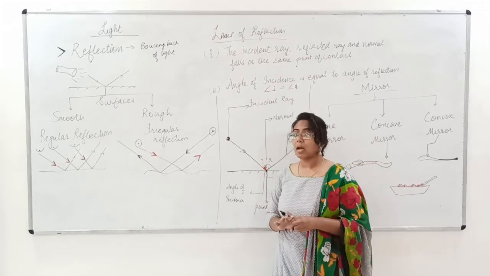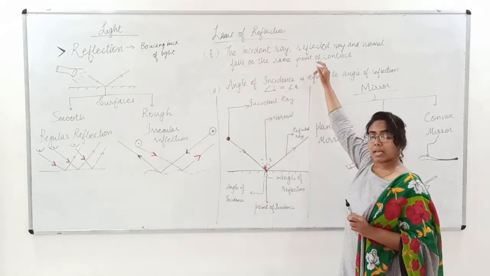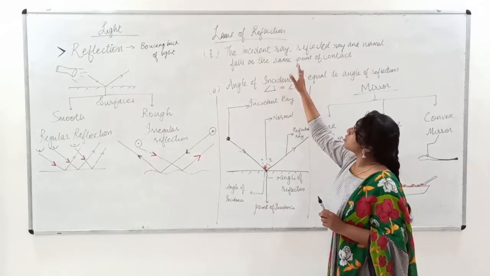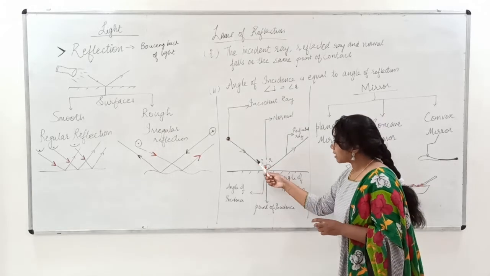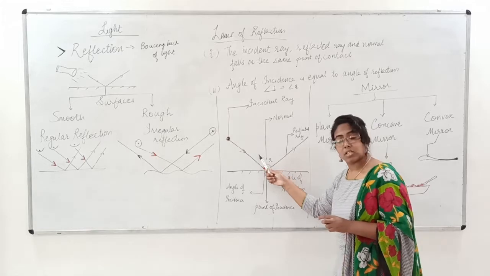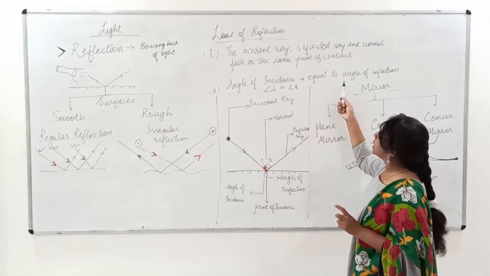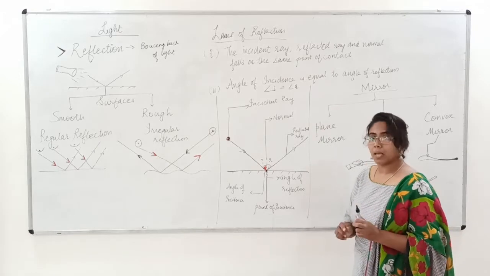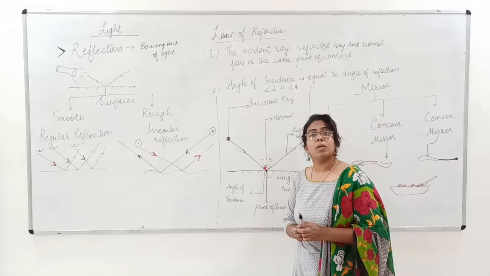I'm repeating again. The incident ray, reflected ray and the normal, they fall on the same point of contact. Next, the angle of incidence and angle of reflection are both equal to each other. Okay.